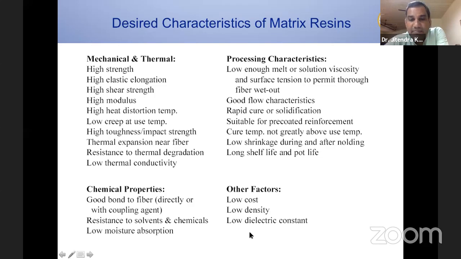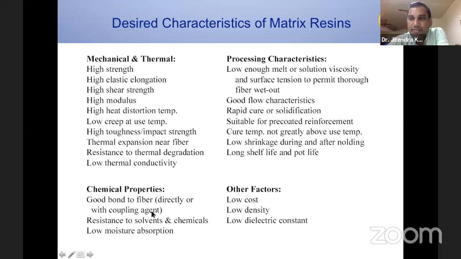Other basic important properties: it should be low cost, low density, and low dielectric constant. In terms of chemical properties, there should be better bonding between the fibers, so it behaves nicely when you mix fibers in that particular matrix, and it can at least bind those fibers with the matrix. The matrix should also have low moisture absorption.